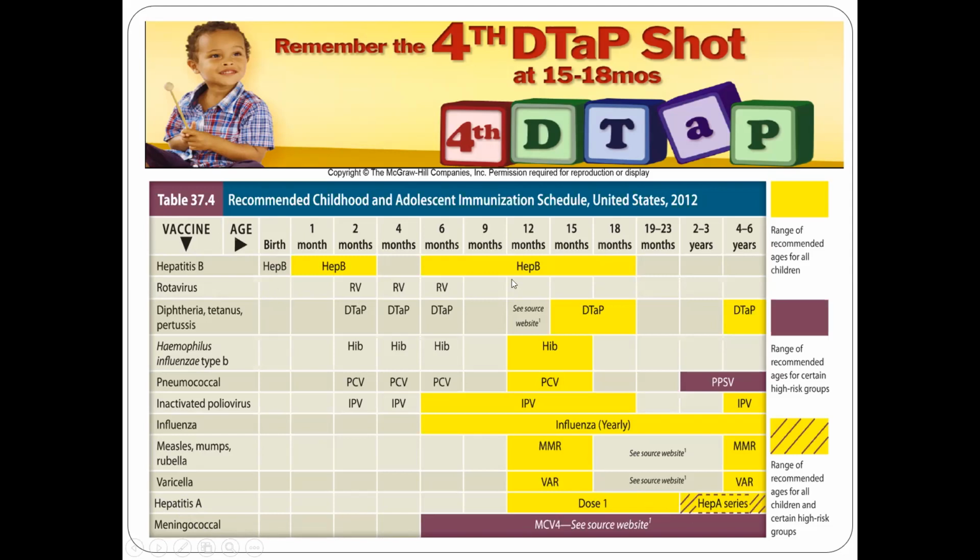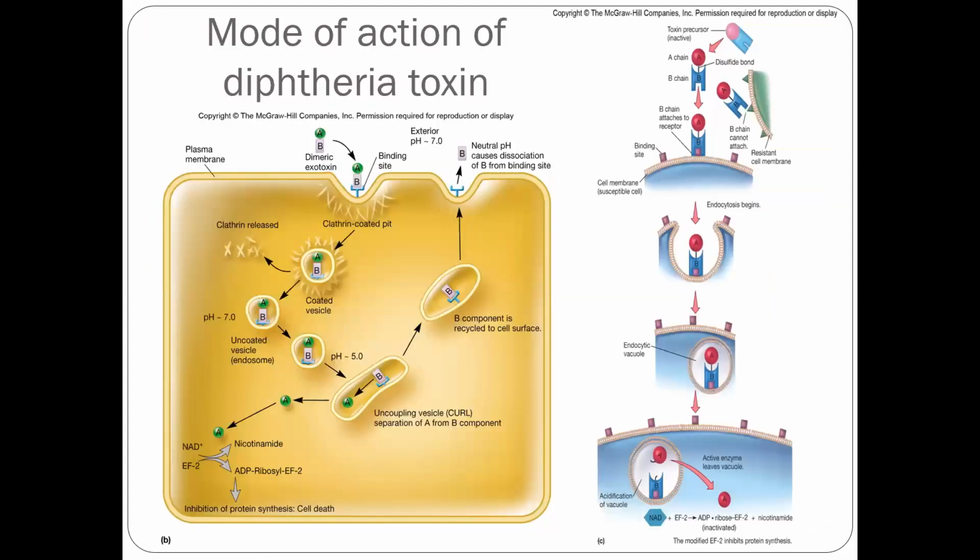But just to let you know, this is an immunization schedule which is uniform in the United States for all newborn babies from birth to about 4 to 6 years old. And we will mention this again in examination 4 when we talk about basic immunology.